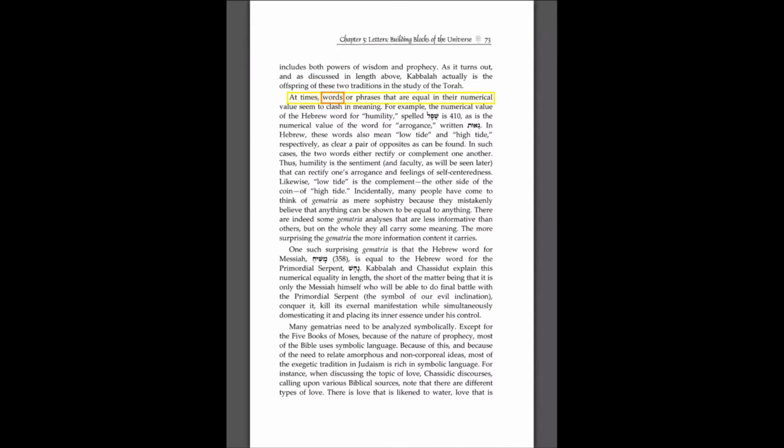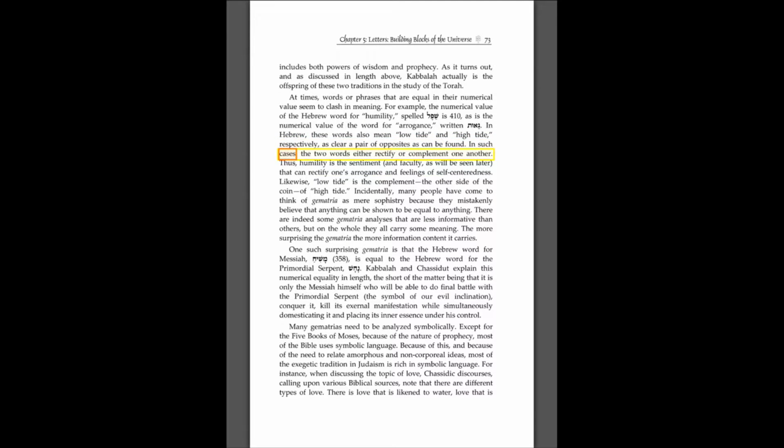At times, words or phrases that are equal in their numerical value seem to clash in meaning. For example, the numerical value of the Hebrew word for humility is 410, as is the numerical value of the word for arrogance. In Hebrew, these words also mean low tide and high tide, respectively, as clear a pair of opposites as can be found.